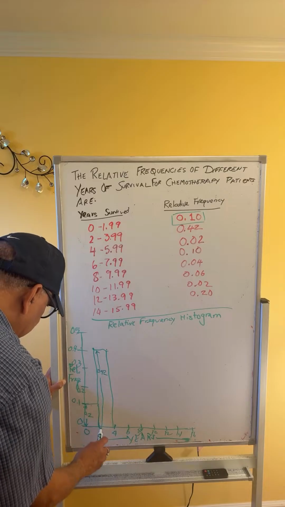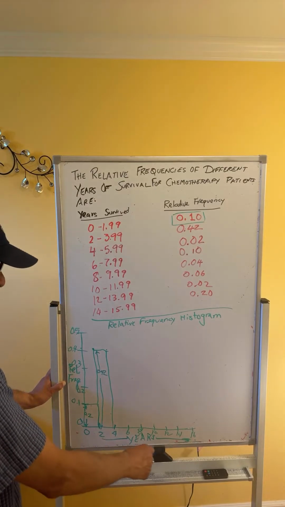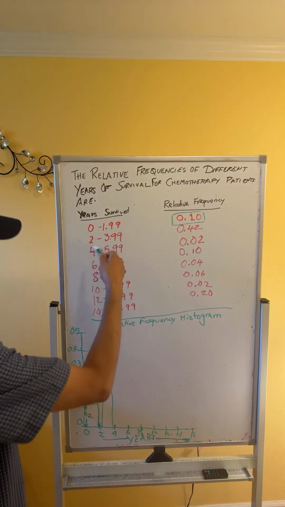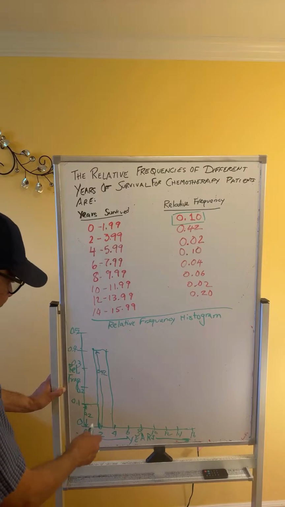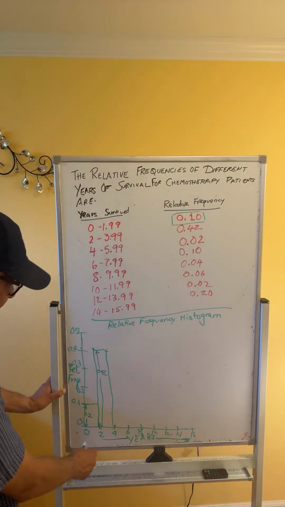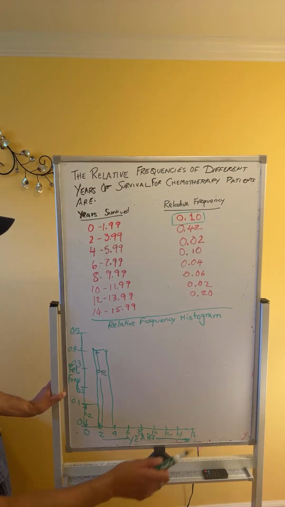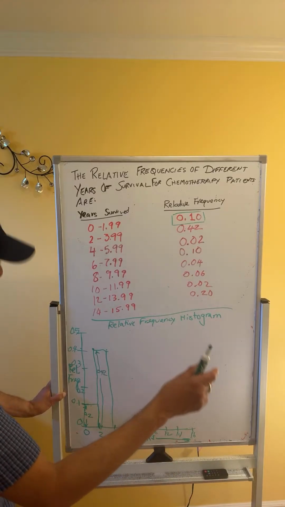Now you get the picture. On the horizontal axis we have the different classes or groups of years of survival, and on the vertical axis we have the corresponding relative frequency. For each class, the relative frequency is indicated by a vertical bar drawn on top of it.